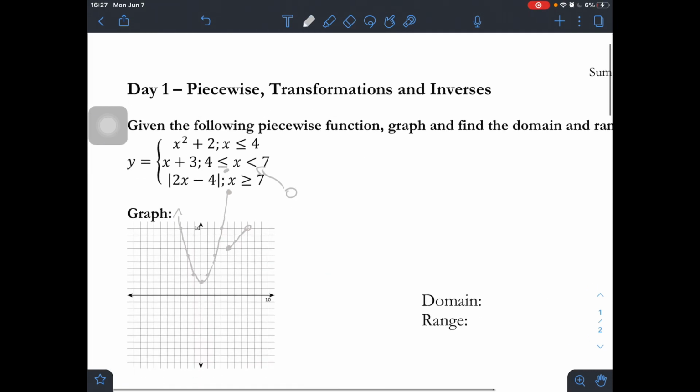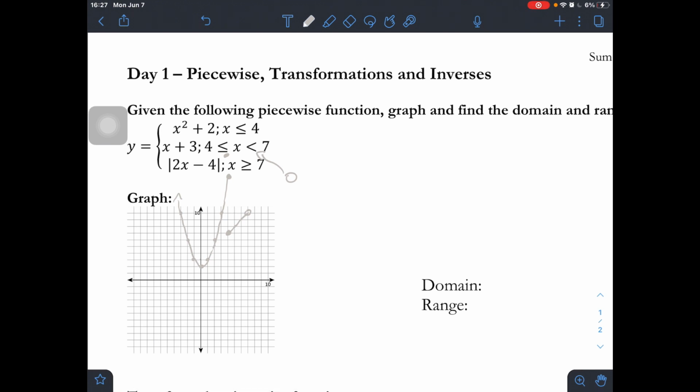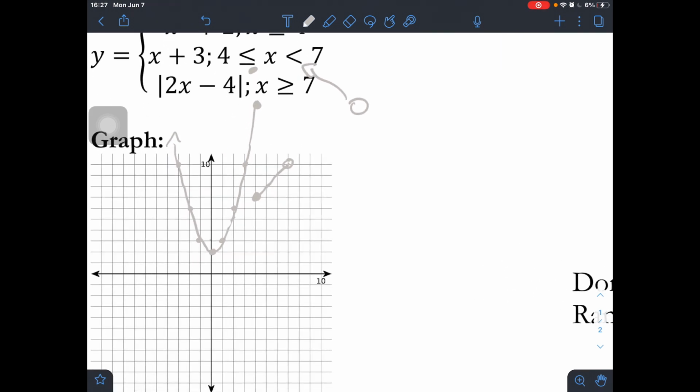And then for this last one, the absolute value of 2x minus 4 is for x greater than or equal to 7. So once again, let's draw out the function. So it's x is greater than or equal to 7.